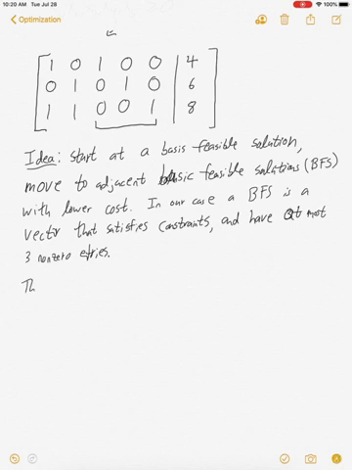So the basic feasible solution associated to this matrix is, so we look at the columns that form the identity matrix. So in our case, that's going to be the last three columns.